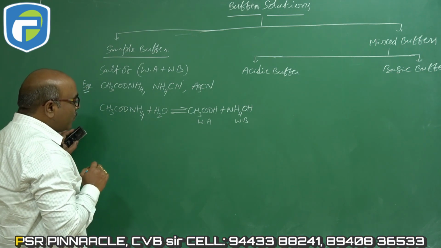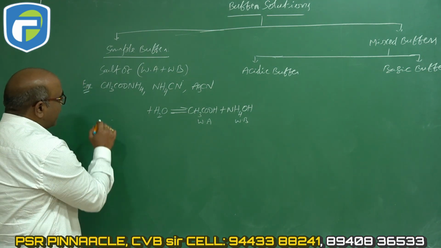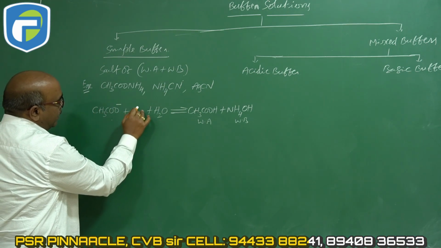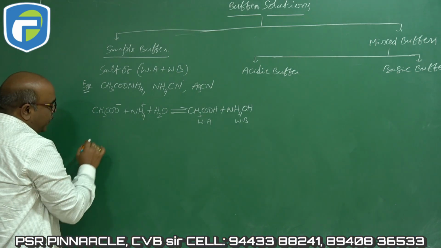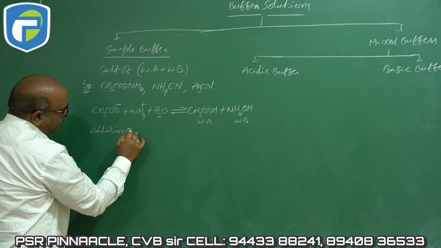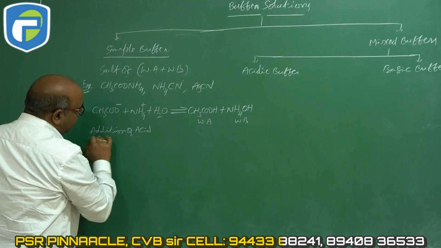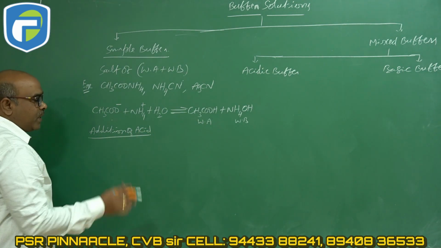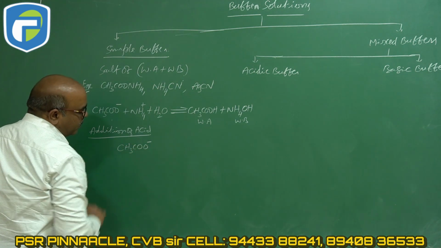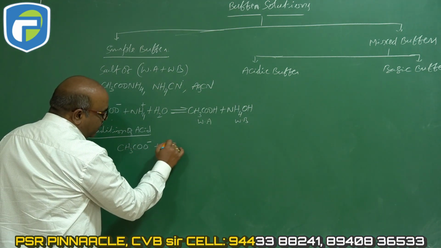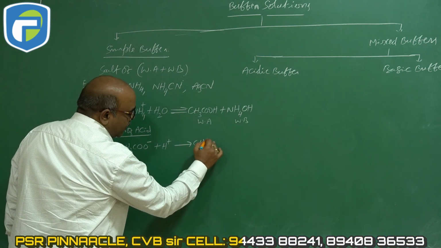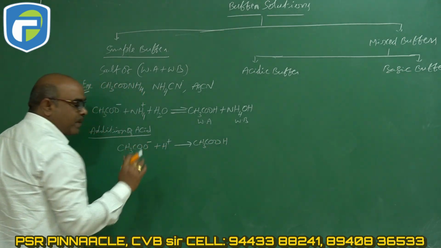Ammonium acetate is a salt. I write the ionic equation as CH3COO minus and NH4 plus. By addition of acid, you are adding H plus ions. The acetate ions, CH3COO minus, combine with the H plus ions to form feebly ionized acetic acid, so there is no increase in H plus ion concentration.